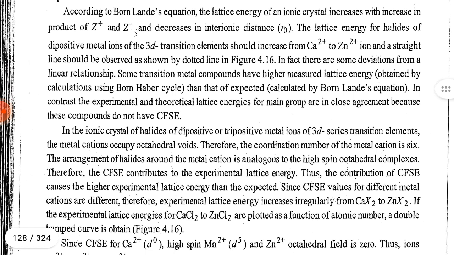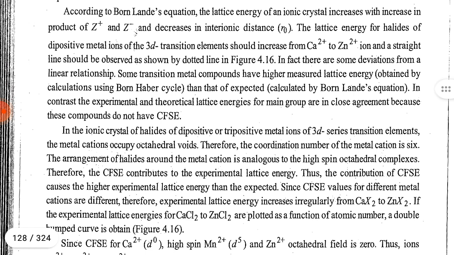In the ionic crystals of halides of dipositive or tripositive metal ions of the 3d series transition elements, the metal cation occupies an octahedral void. Therefore, the coordination number of the metal cation is 6. The arrangement of halides around the metal cation is analogous to a high-spin octahedral complex. Therefore, the CFSE contributes to the experimental lattice energy. Thus, the contribution of CFSE causes the experimental lattice energy to be higher than expected.